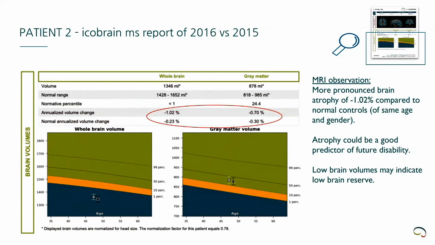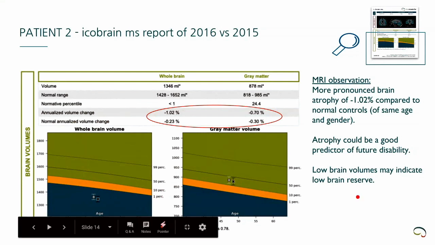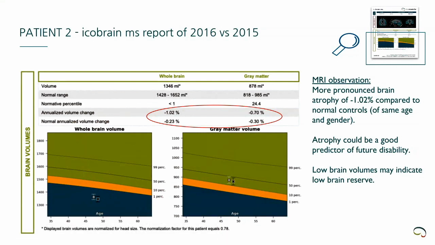So in spite of the relatively good EDSS evolution in this patient, this observation does not seem so good.